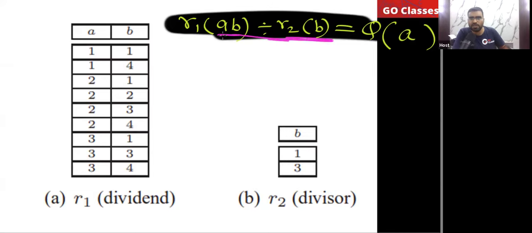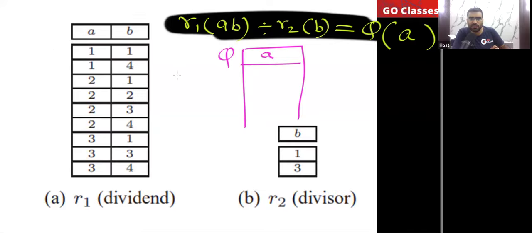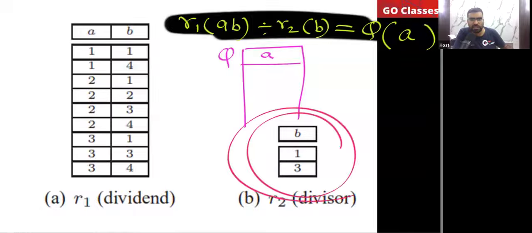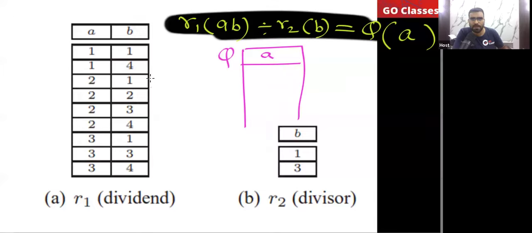AB divided by B, the result will have A. Now, which values of A will we put in the result? Those values of A which pair with every value of B in R.